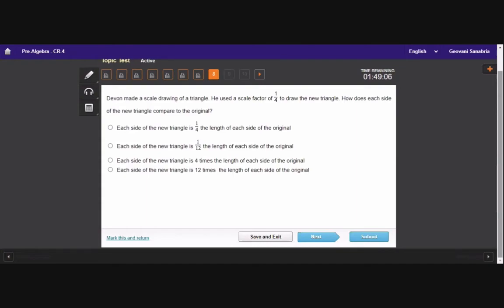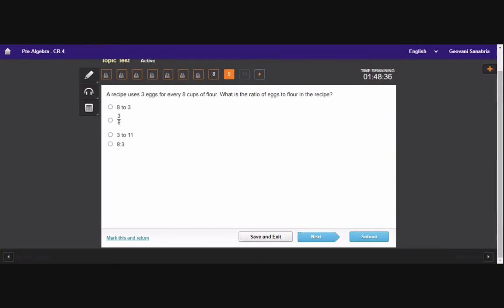So each side of the new triangle is 1/4 the length of each side of the original. If it was 4 times the length, it would have gotten bigger. So it'd be the first one. I don't know where they got the 12. They just try to trick you, throwing some random things in there.